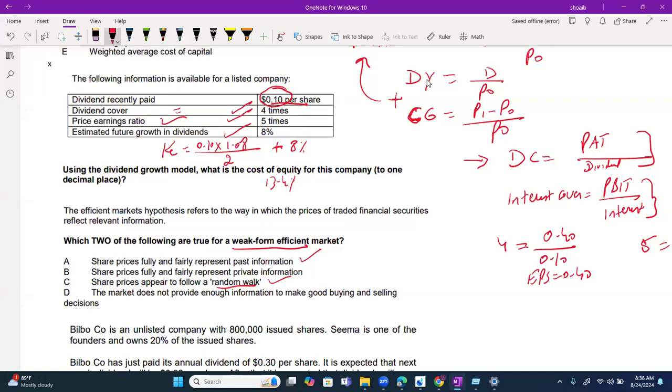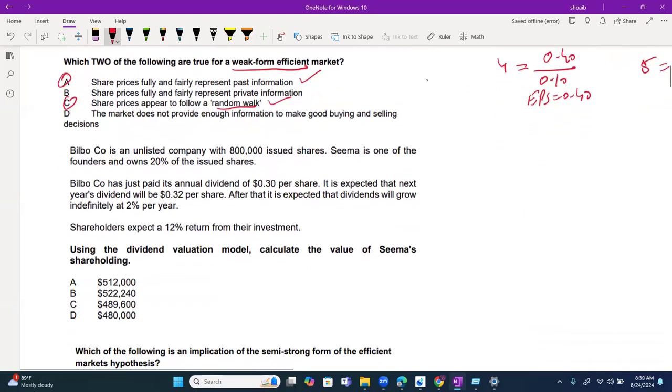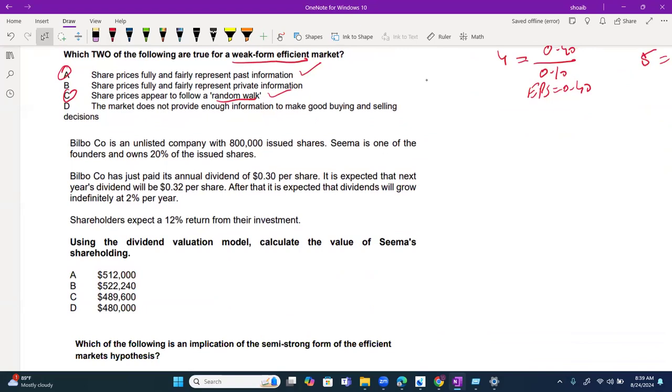What is the meaning of random walk? If there is a good news, share prices will go up. If there is a bad news, share prices will go down. It follows a random walk. So A and C are the answer. Next question.